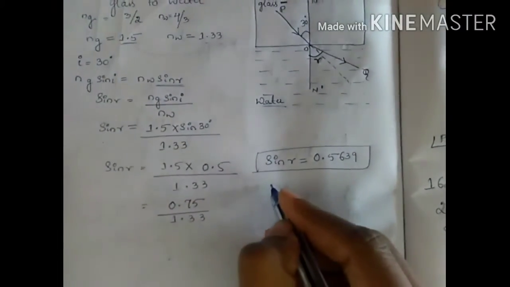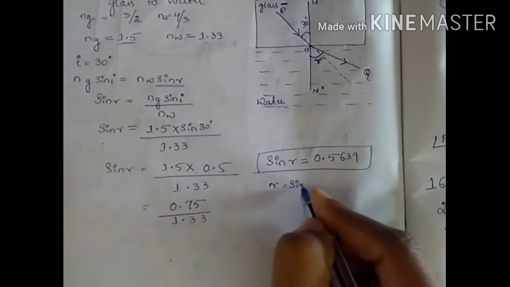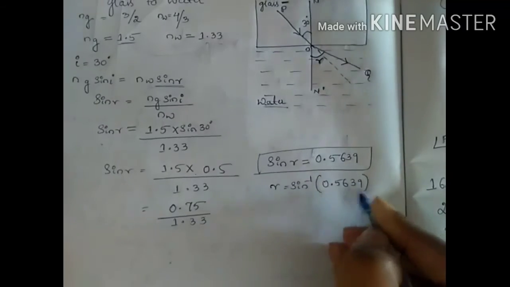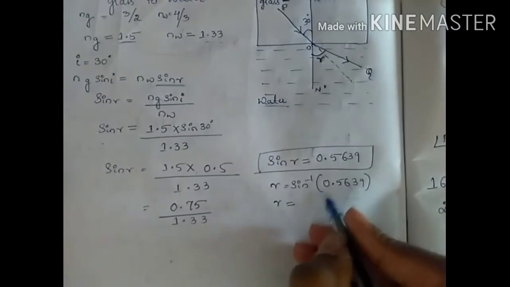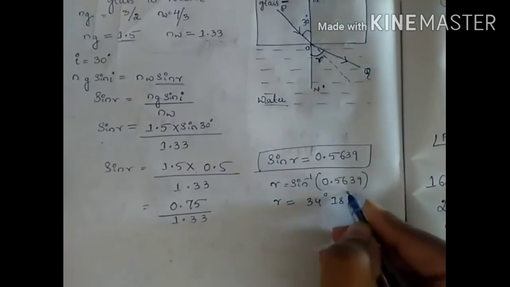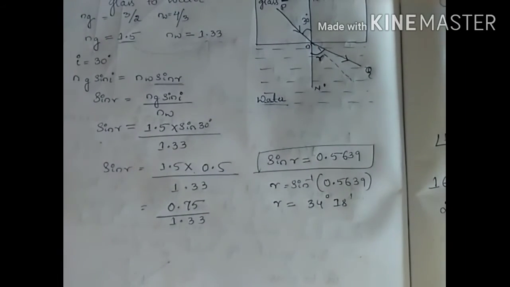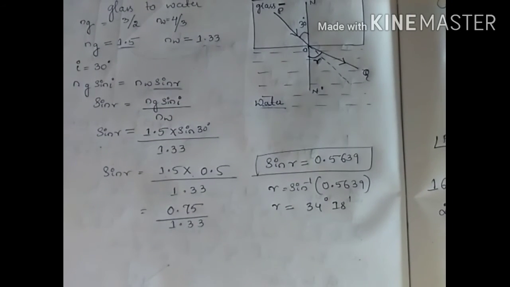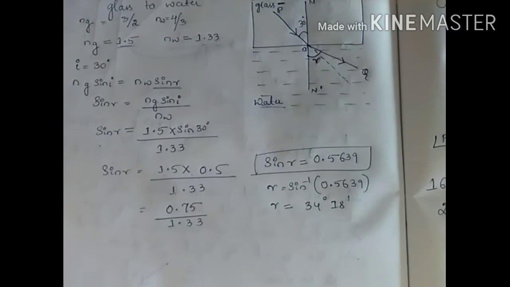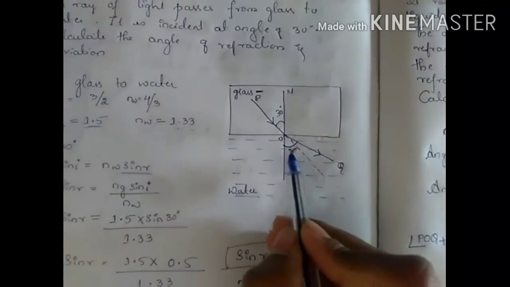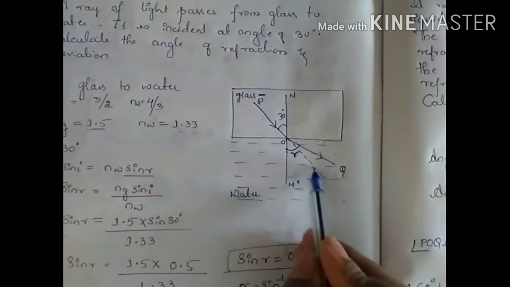So from this we need r. Sin inverse of 0.5639 will give the value as around 34 degrees. Now what he is asking is the deviation. So from the diagram, if you see, the light ray should go like this.